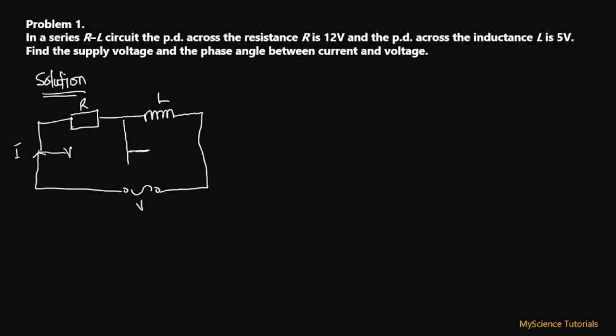So over here VR is equal to 12 volts, and then the voltage across the inductor, which is VL, is equal to 5 volts.